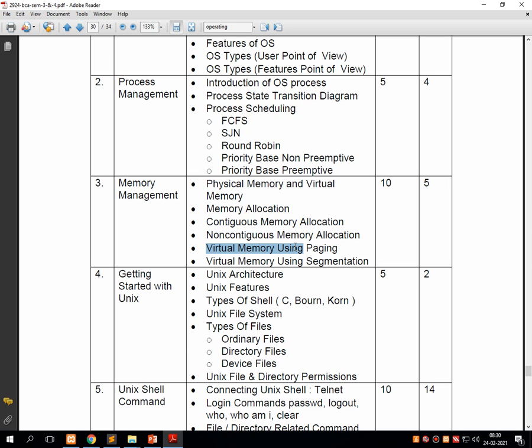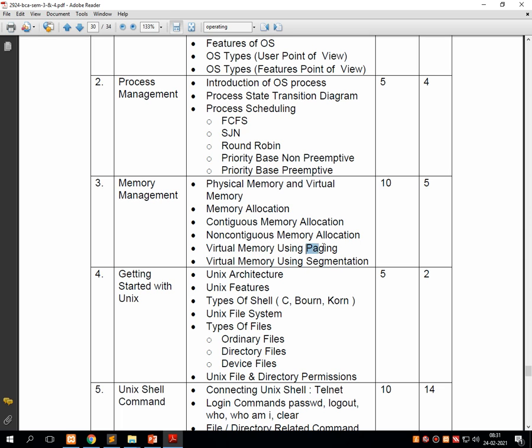Then we discussed the technique called pagination, and in this lecture we have discussed the technique of segmentation.